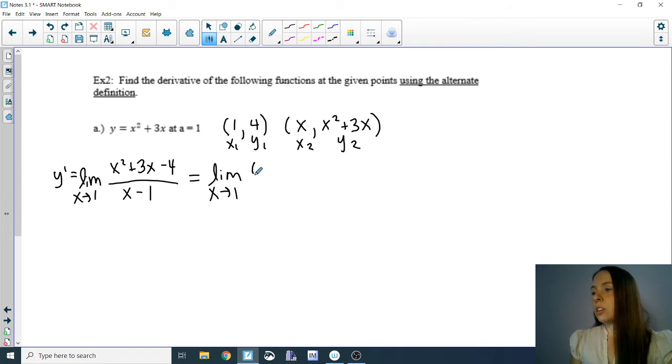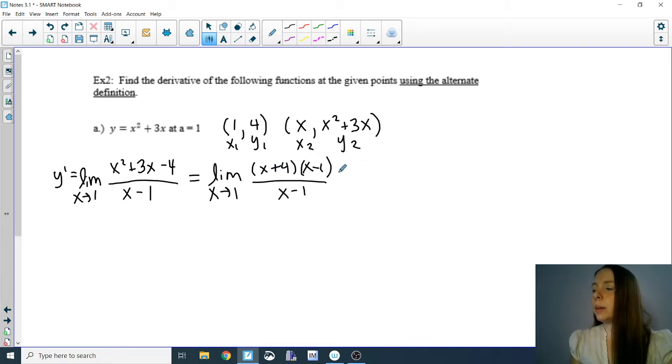So this is actually at the point where I tell my students, if you like the alternate definition for some of these, you are going to need to be good at factoring. And they're like, oh, never mind. All right, this one's not bad though, right? What do we have here? X plus 4 and x minus 1 would be the factors of x squared plus 3x minus 4, right?